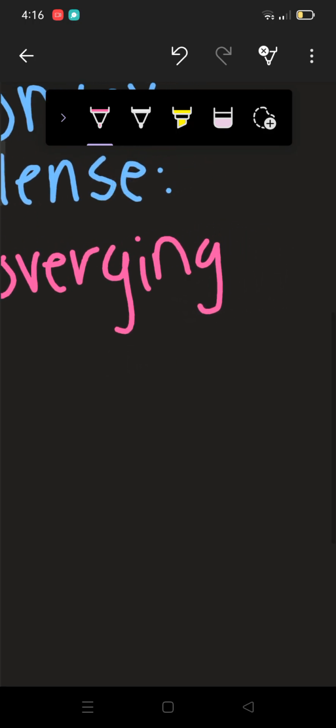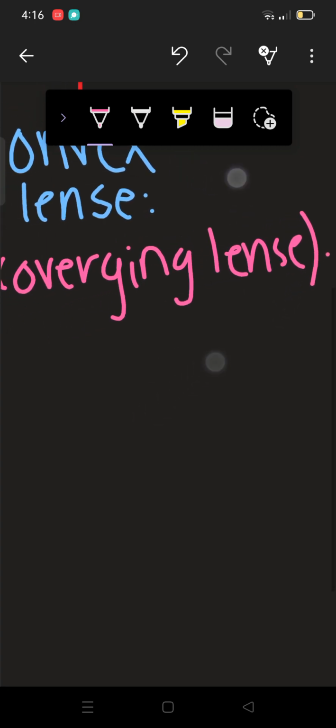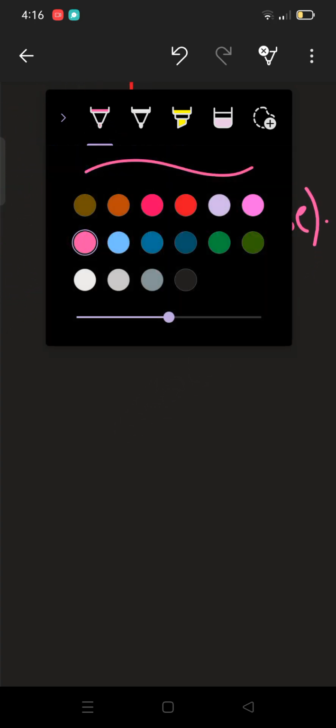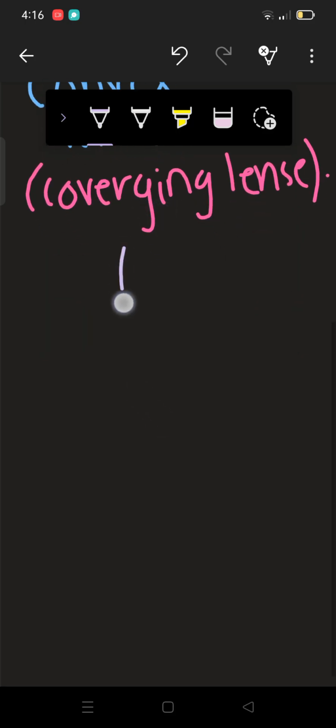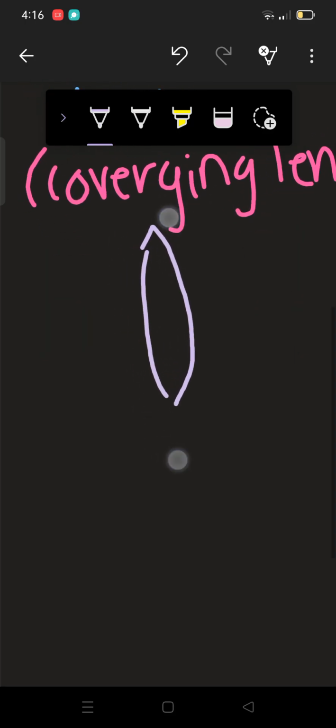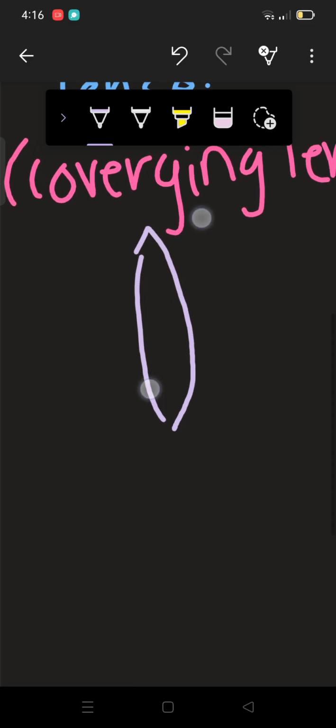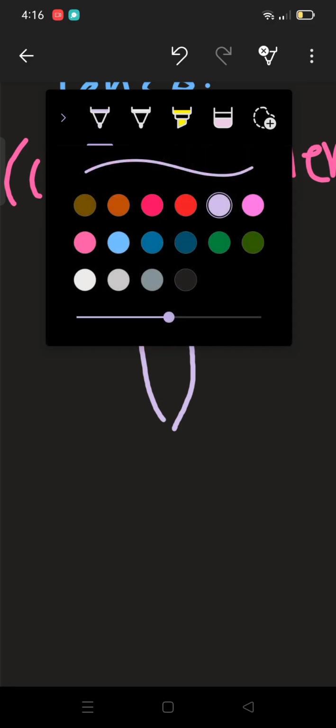So this is known as a converging lens. I am making the diagram here, this is the lens. We'll talk about the difference between convex and concave. Initially I am just telling you what a converging lens is. We have rules for the formation of images by concave and convex lenses, which we'll discuss.